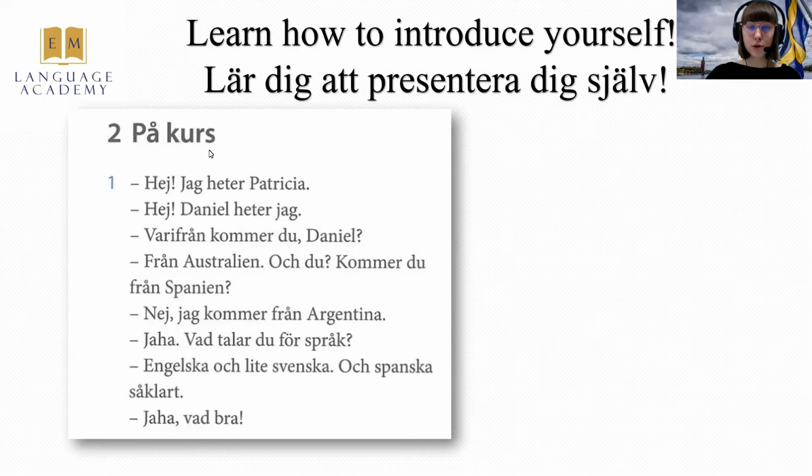So the noun kurs translates into English as courses, and på, this little word that precedes the noun kurs, is a preposition, one of the prepositions that we use to indicate location. So my advice is for you to remember that with the word courses, we are always going to use the preposition på. So let's analyze the dialogue line by line.